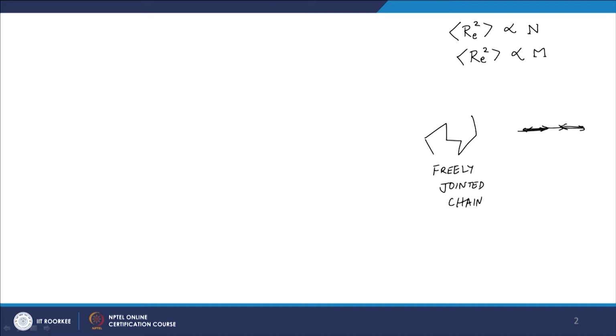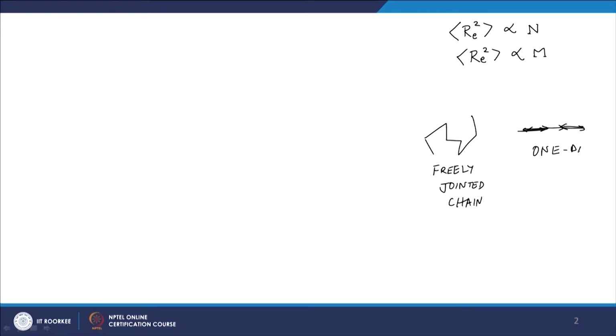So I could move in any direction after every segment, and the movement of every segment was uncorrelated with respect to other segments in the system. And though the models look very different, what we realized was that they give rise to the same scaling law for the mean square end-to-end displacement.